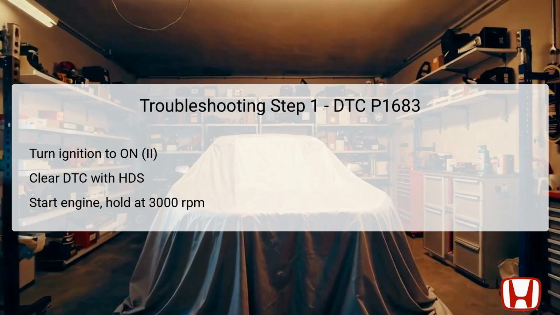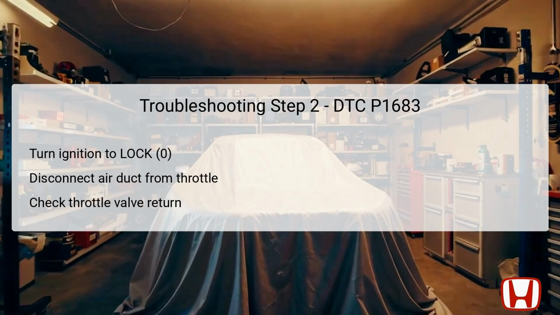This step is crucial as it simulates real driving conditions, allowing technicians to observe any abnormalities in throttle behavior. After this, the ignition should be switched off to lock 0 for 10 seconds before repeating initial checks for DTCs. If P1683 reappears, it confirms the issue is present.